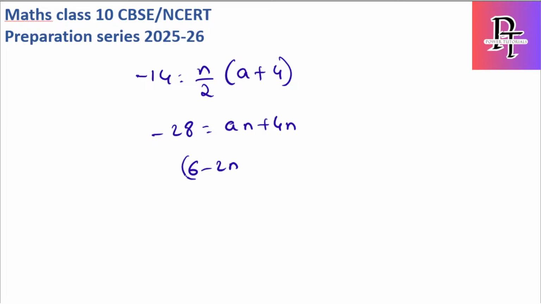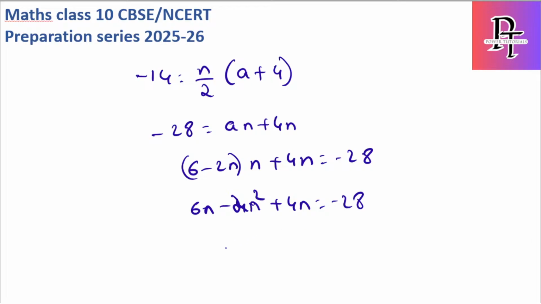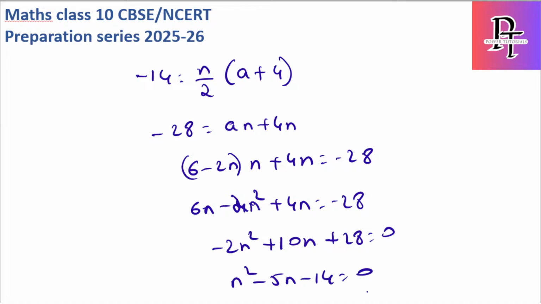Substitute in this equation. 6 minus 2n into n plus 4n is equal to minus 28. So this becomes 6n minus 2n square plus 4n is equal to minus 28, or minus 2n square plus 10n plus 28 is equal to 0. If I divide by minus 2, then it becomes n square minus 5n minus 14 is equal to 0.